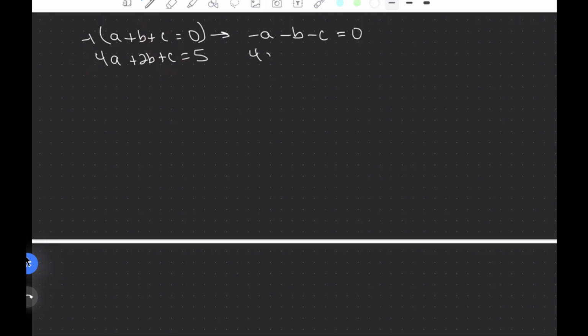And then 4A plus 2B plus C equals 5. So you just made it negative? Yep. So you made it negative so the negative cancels out? Right. So now when you add these 2 equations together, you're eliminating your C.